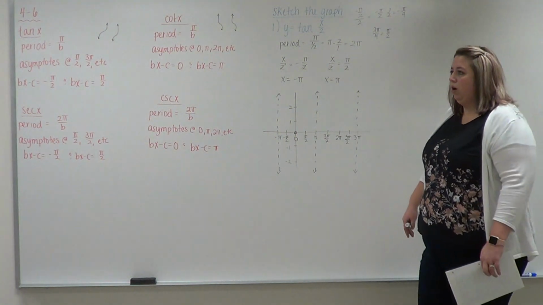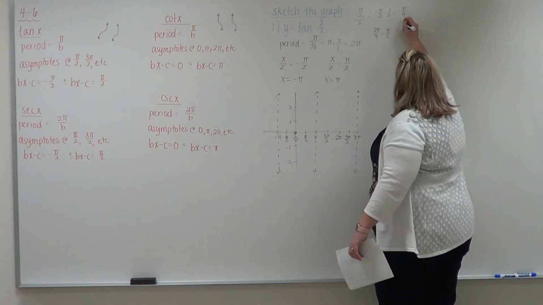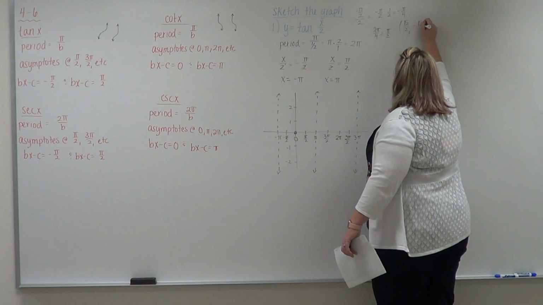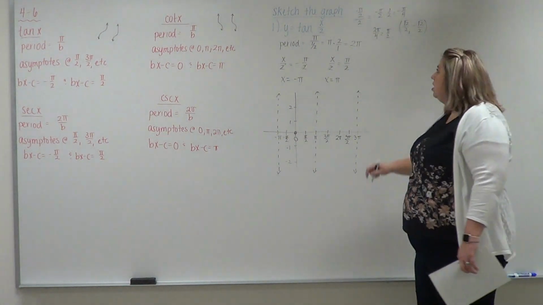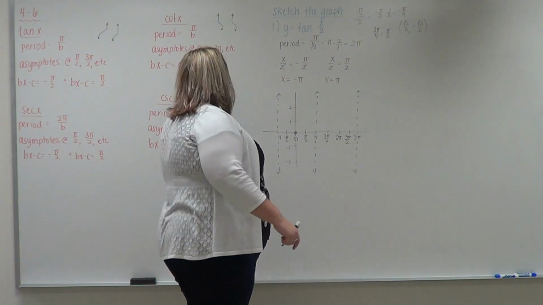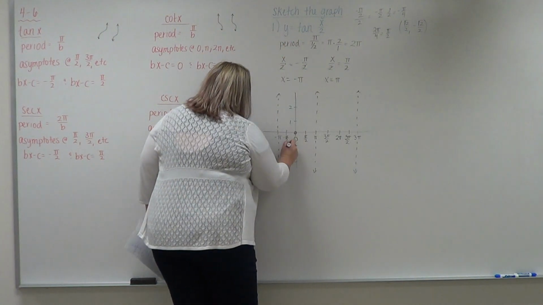In quadrant 4, the point at negative pi over 4 is square root of 2 over 2, negative square root of 2 over 2. And tangent is y divided by x. If I divide those, I get negative 1. So the tangent of that would be negative 1. Multiply by the 1 in front, I'm at negative 1.